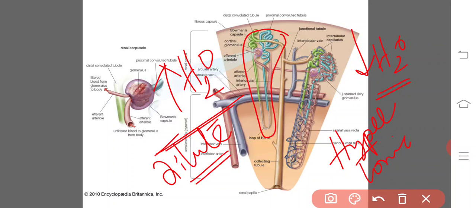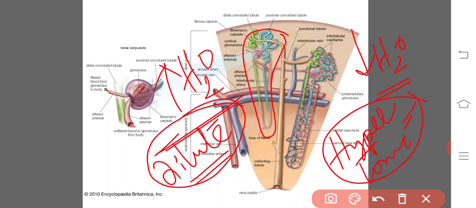Thereby the cortical nephrons form dilute urine and the juxtamedullary nephrons form hyperconcentrated urine, and they regulate the water balance of the blood, the osmotic nature of the blood.